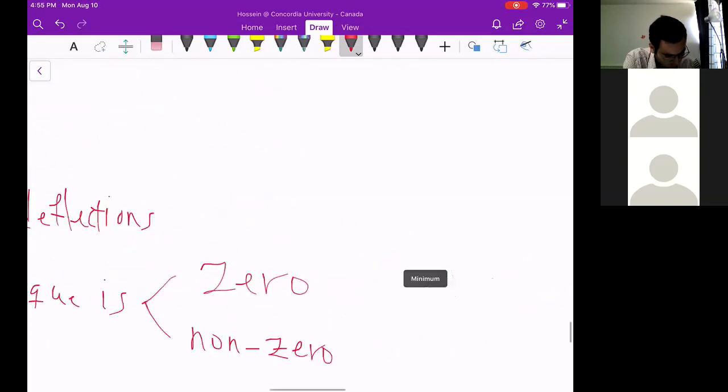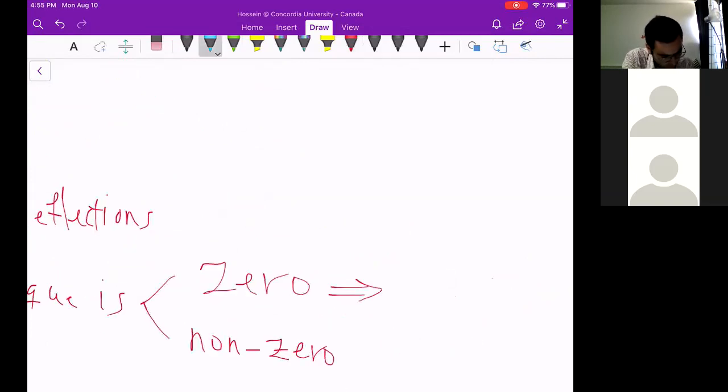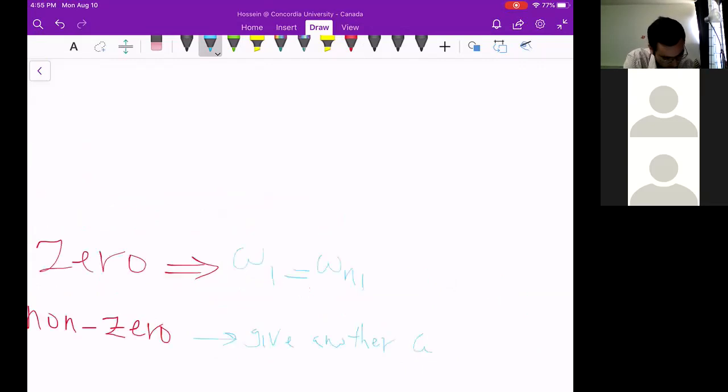If it is 0, the omega 1 you chose is the natural frequency. If it is not, you have to assume another omega 1 and repeat the whole process.